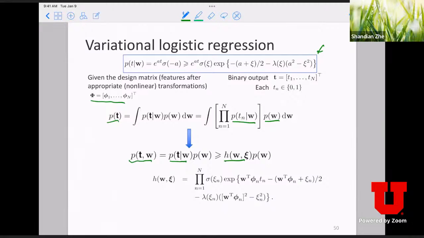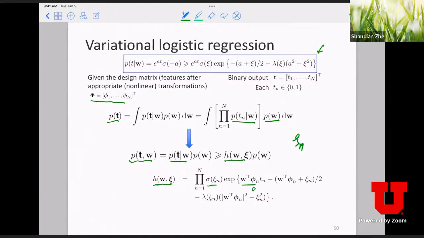Here is the lower bound of each likelihood. When you multiply together, for each data point we introduce an additional variational parameter, psi_n. So you multiply a bunch of sigmoid functions of psi_n and the exp term.